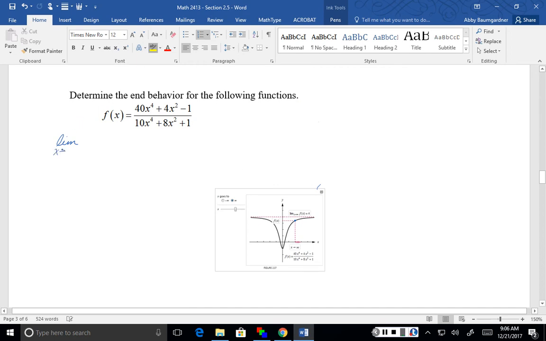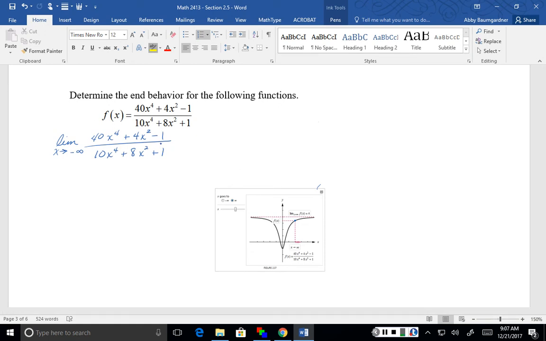All right, so let's determine the end behavior for the following function. Let's do the limit at negative infinity first. And we'll rewrite the function: 40x to the fourth plus 4x squared minus 1 over 10x to the fourth plus 8x squared plus 1. Now, you have to show that step. You have to show what you're applying the limit to. You can't jump in and start dividing immediately. I need to see first what you're attempting to take the limit of.